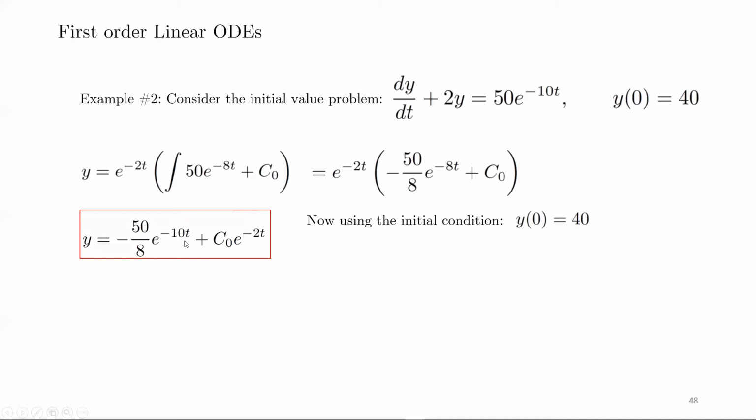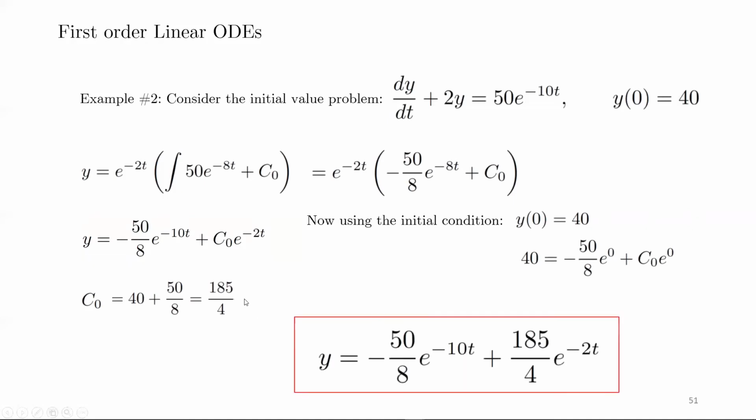So if I substitute in t equals 0 into this solution here, well, e to the 0 is 1, e to the 0 is 1, I'm quite simply going to get when t equals 0, y equals 40, so the left-hand side is 40 equals negative 50 over 8 plus c0, which of course means I can solve that for c0 and find that c0 is some fraction, some number here. Therefore, my solution to the initial value problem is given as so here, where I've just replaced the integration constant c0 by the value we found using the initial condition.